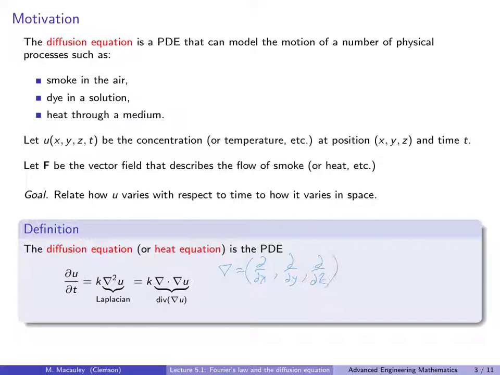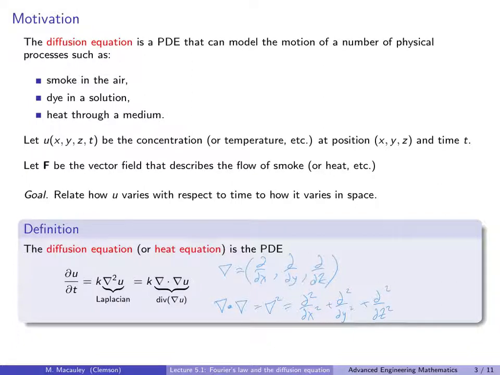And I want to specify that even though u is a four-variable function involving x, y, z, and t, whenever we see things like the Laplacian of u, we're only looking at the spatial variables. So that's an important distinction to make. So now del dot del, or del squared as it's written, is just the sum of the second derivative operators. So it's d squared dx squared plus d squared dy squared plus d squared dz squared.